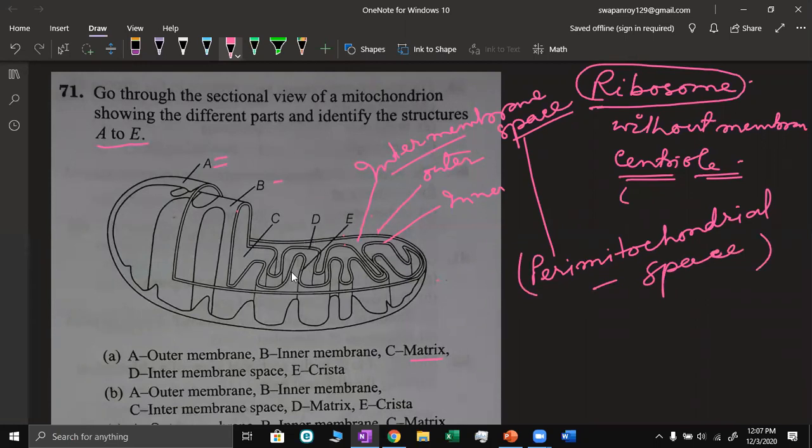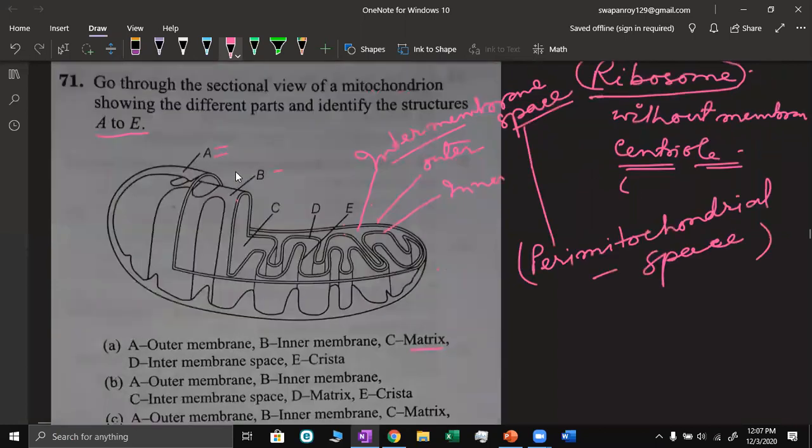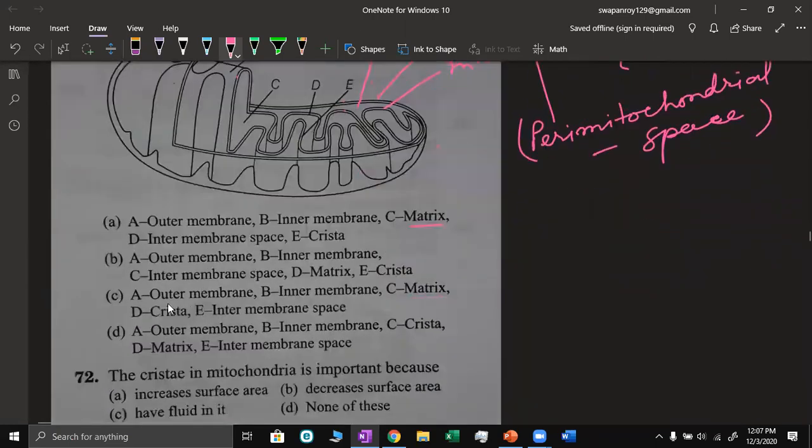It means if this one is correct, then the labeling has a little defect. A outer membrane, B inner membrane, then D is intermembrane space.